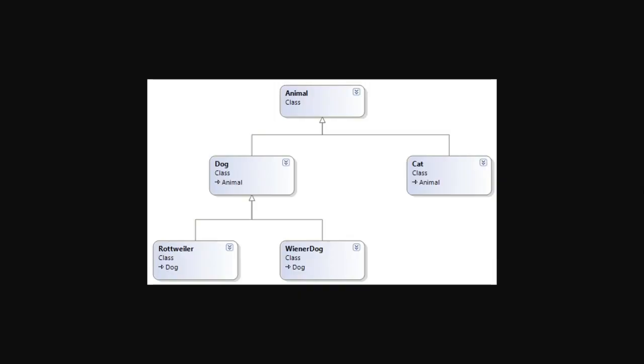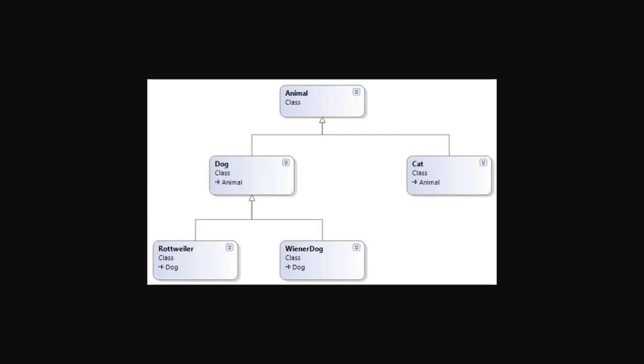Let's start with a small recap on C# inheritance, or inheritance actually in all object-oriented languages that support it, with the all-popular animal example. Here we have dogs and cats and a base class called animal. The idea of inheritance is always that you find common ground between different classes and abstract those into a base class that can hold these properties, so you don't have to repeat the different portions of code in multiple different classes.